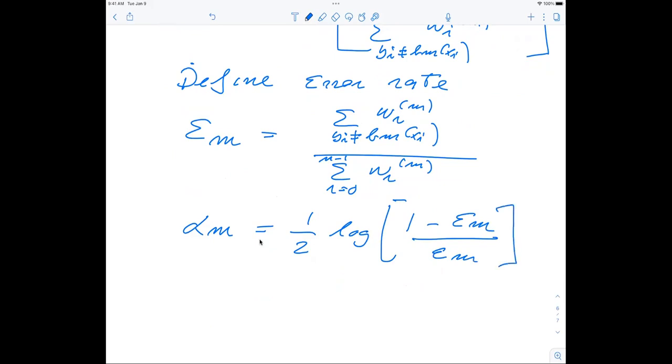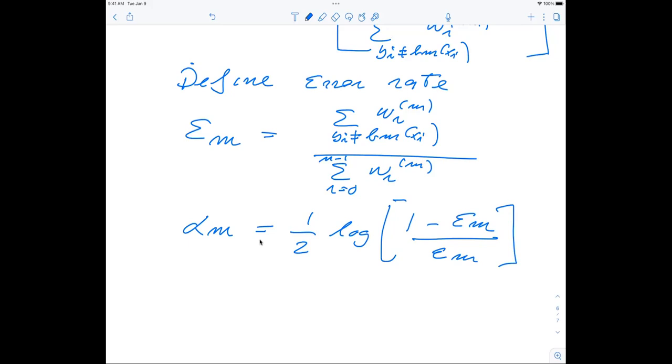Another thing is that when I have defined log 0 to be equal to 0, we have to be a bit careful. If the error here is 0, I have 1 minus 0 and then divided by 0. So that actually is something which diverges. I could then say that when this quantity diverges, my alpha m should just be put equal to 0.